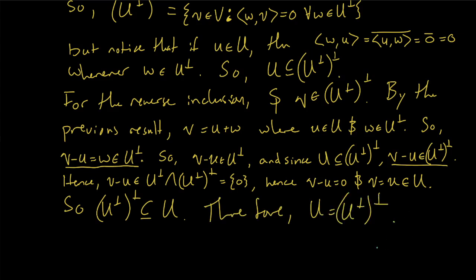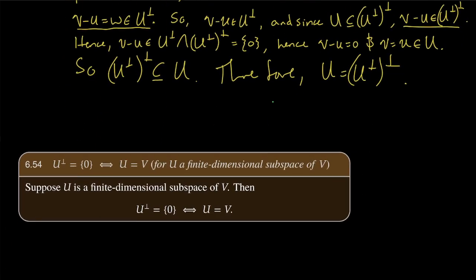Kind of nice. That is, if you do this perp thing twice, you get back what you started with. Sort of like multiplying by a -1, yeah? All right, pretty cool.